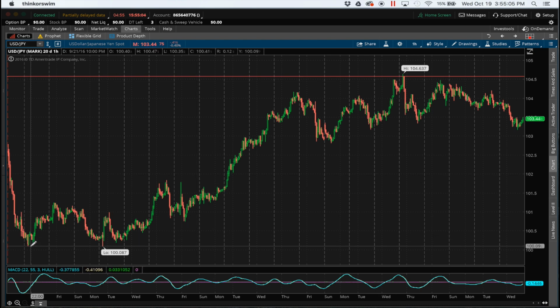So I could pretty much spot these out before I even draw these things, because I have a lot of experience with technical analysis. So the only way you're going to get better at this is if you keep practicing, and you're going to start to see these patterns over and over and over again.